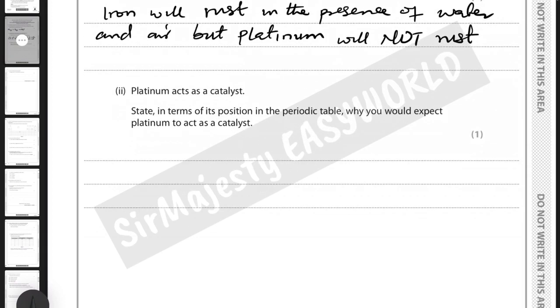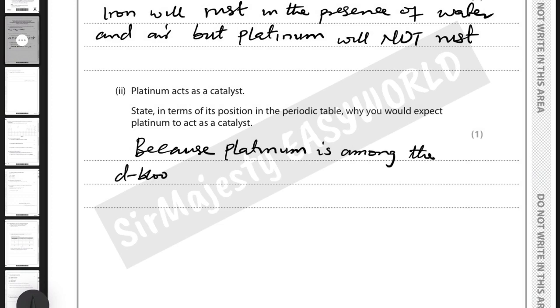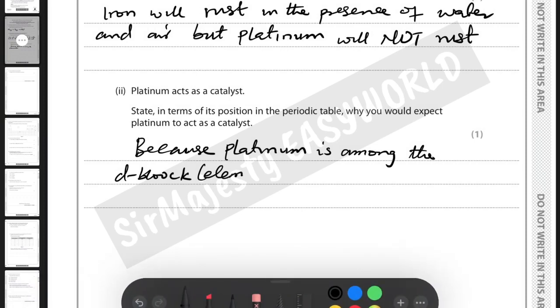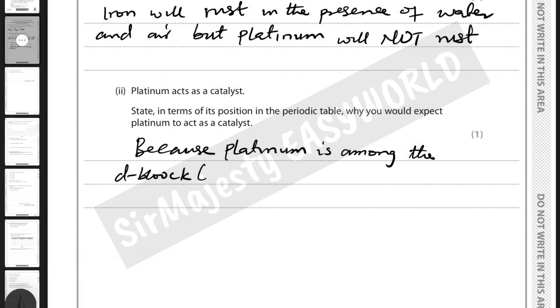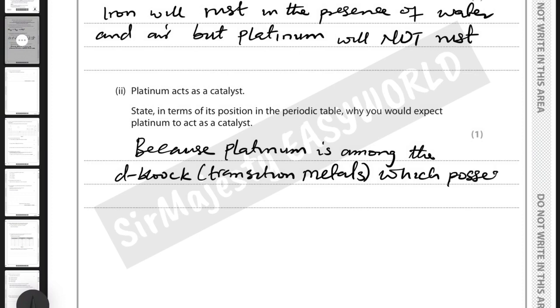The position is, because platinum is in the D block, because platinum is a transition element, among the D block transition metals which have catalytic activity.